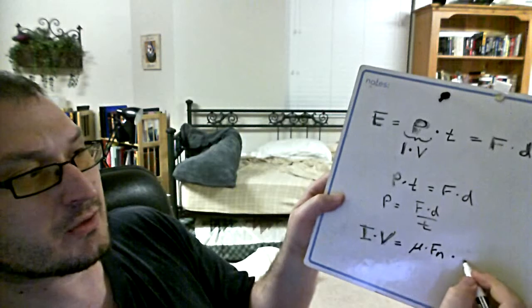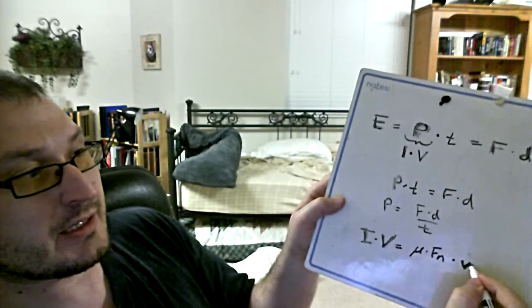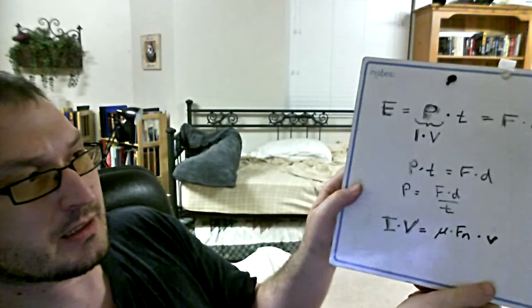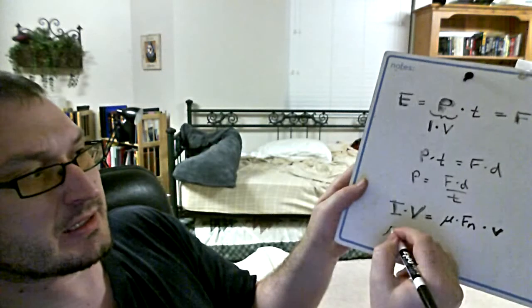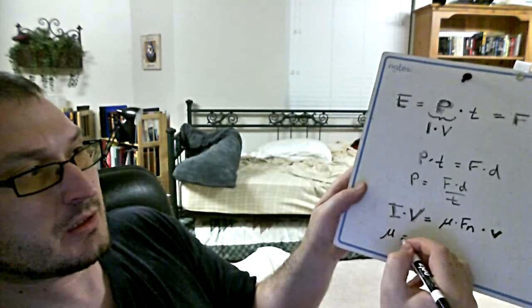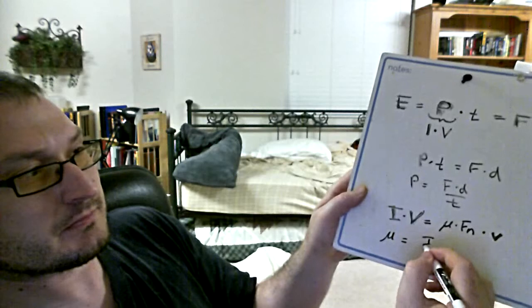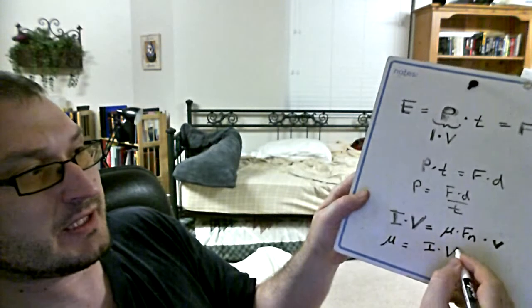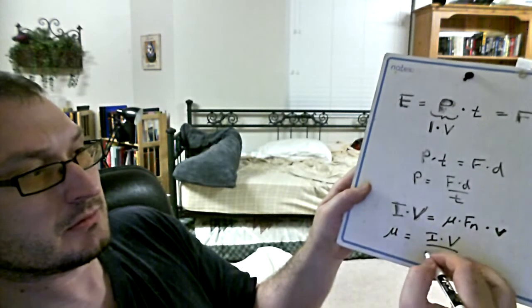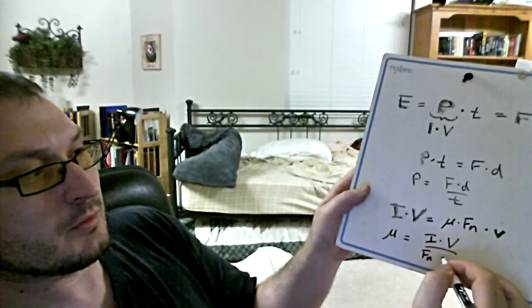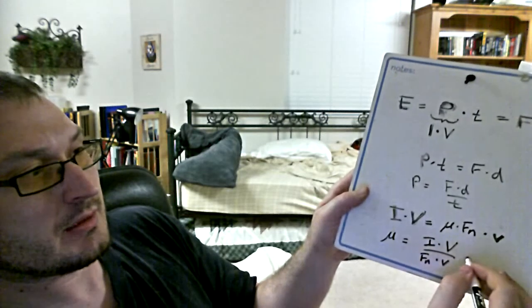And distance over time, this is going to be a small v, is the velocity. And I can just rearrange that. I get mu equals I times V over the normal force times the velocity.